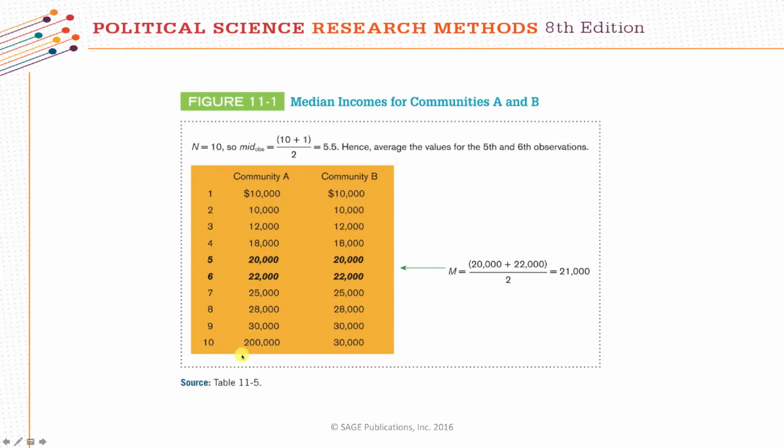This $200,000 house price has introduced skew into community A versus community B. Community B is probably perfectly normally distributed, but community A probably has some very significant skew happening. And so that's going to be very important. If you think there's going to be skewness in your data, then you want to think about which measure of central tendency is best, median or mean.